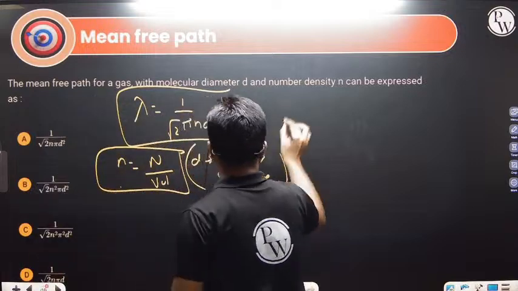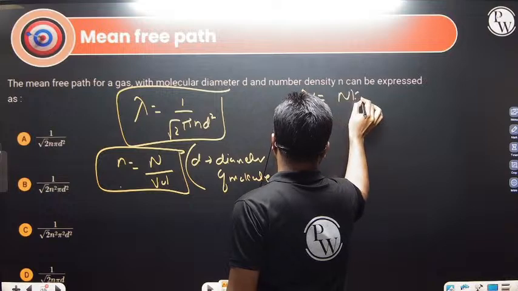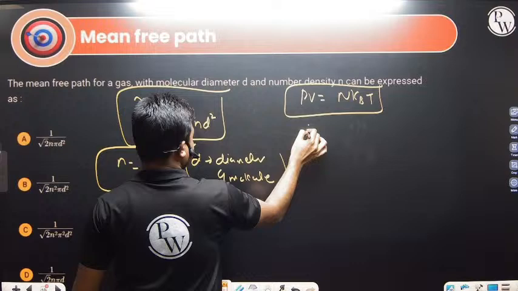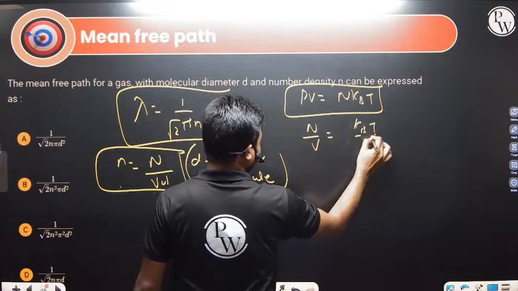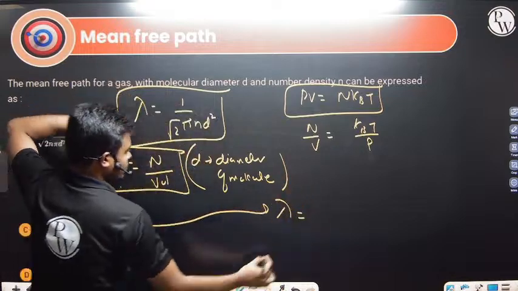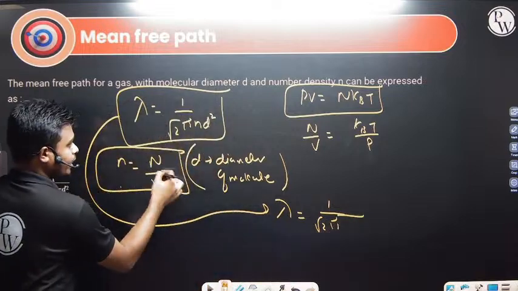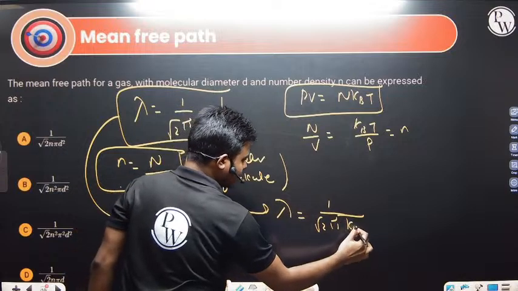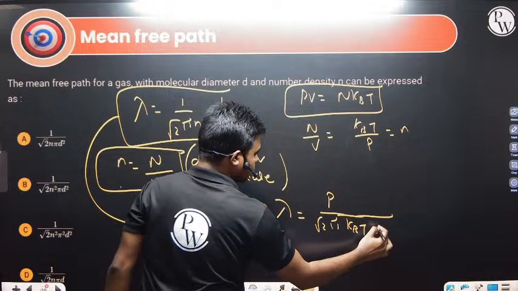So here, PV is equal to n kBT, right? So what do we want? From here we want n by V. What is n by V? This will be kBT divided by P. Putting this value, lambda is 1 by root 2 pi, and small n is nothing but n by V. So putting this value, we directly get kBT, and P will go to that side, and this will be d square.